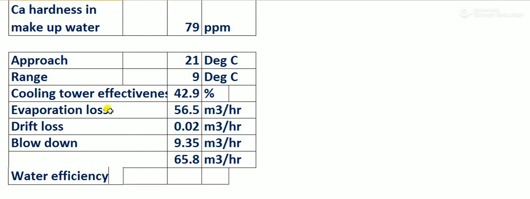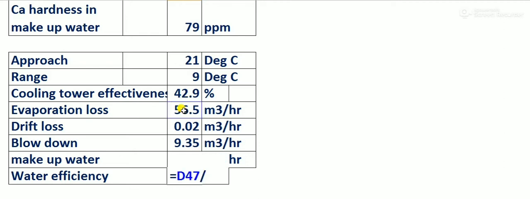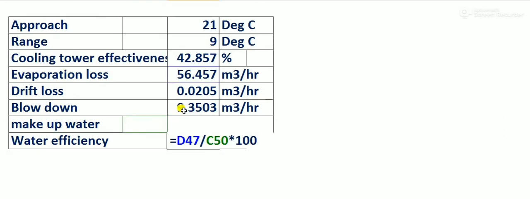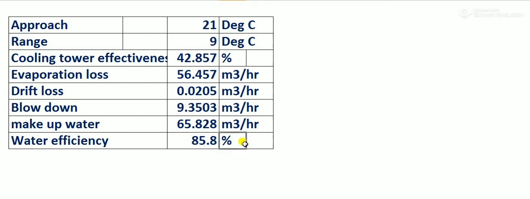So 85.76 is the percentage, right? 85.8% is the water efficiency, and our cooling tower effectiveness is 43 percentage. This is our final result.